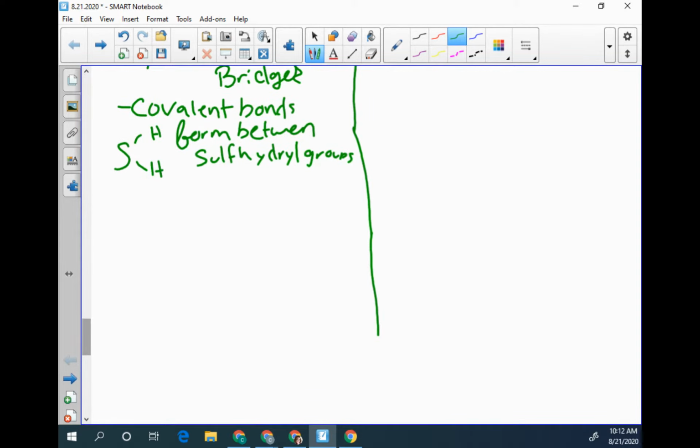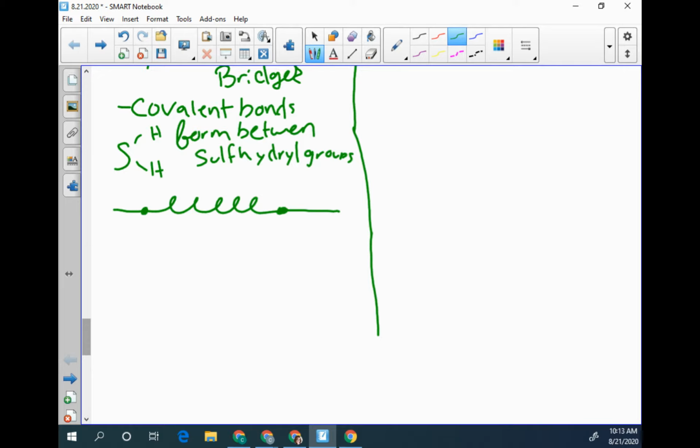So if this is our structure, it's done its secondary structure. We're working on our third. And there's a sulfhydryl group here, and there's a sulfhydryl group here.